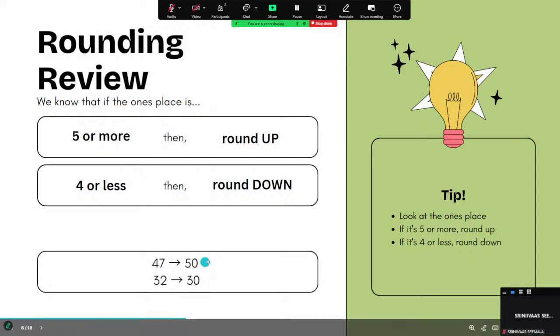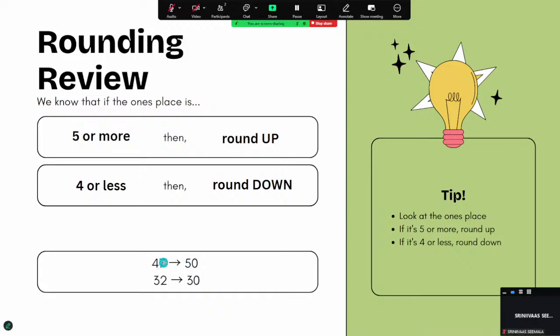Here are two quick examples. We have 47. Since we're rounding to the nearest 10, we look at the ones place, which is 7. 7 is 5 or more, so we round up. 47 goes to the next biggest 10, which is 50, and the ones become 0.